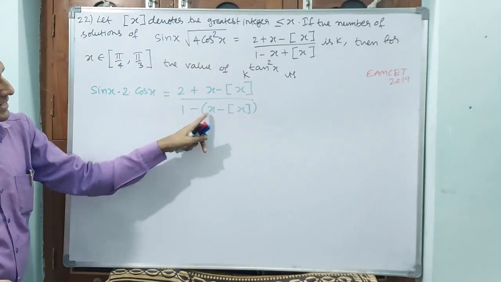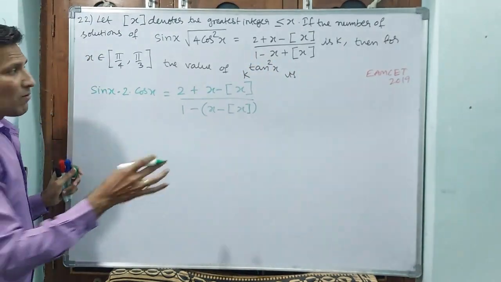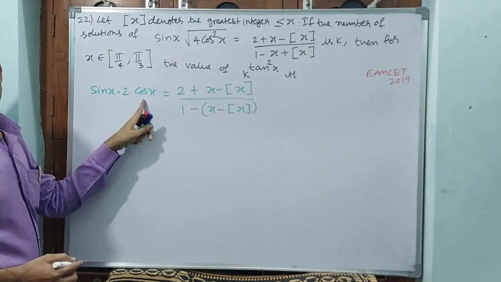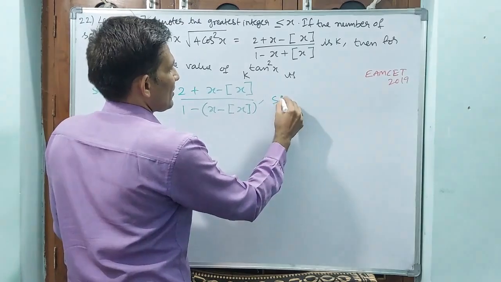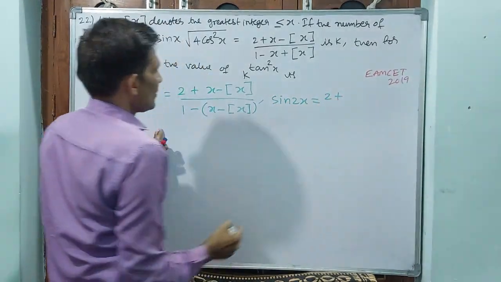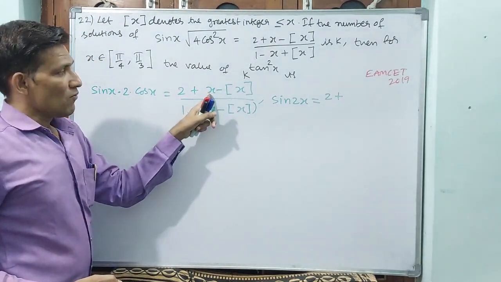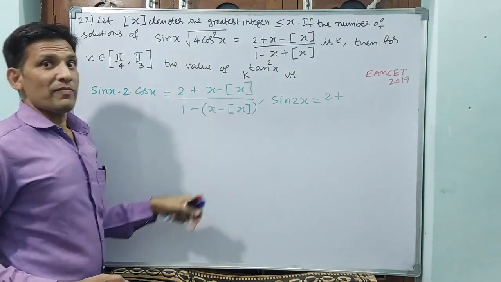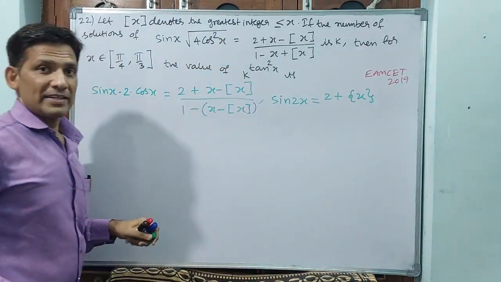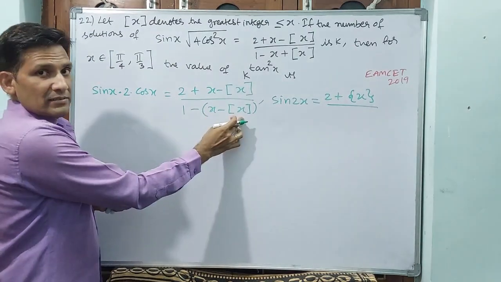We see if you change to minus x plus greatest integer x. Why have I written this? I want to change this into the fractional part. Okay, you see here 2 sin x cos x, sin 2x. Sin 2x is equal to 2 plus, see, x full and greatest integer. Full function minus greatest integer means the fractional function will come. Okay, fractional function. And here also you see x minus greatest integer x.